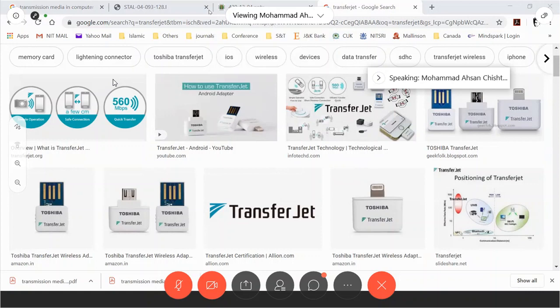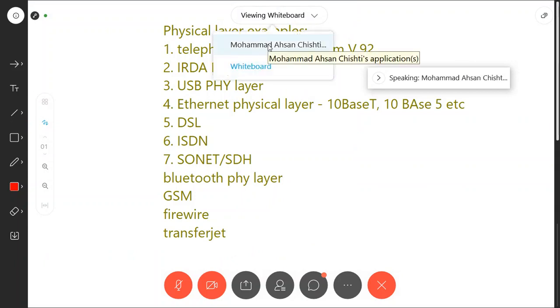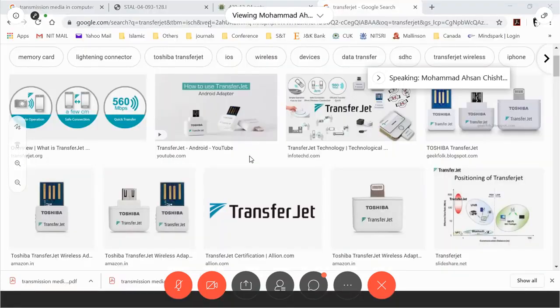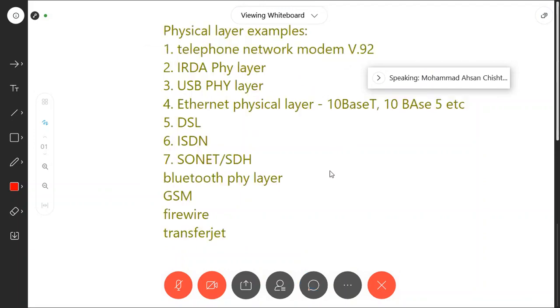Let me go back. These are some of the examples that we see with respect to the physical layer.